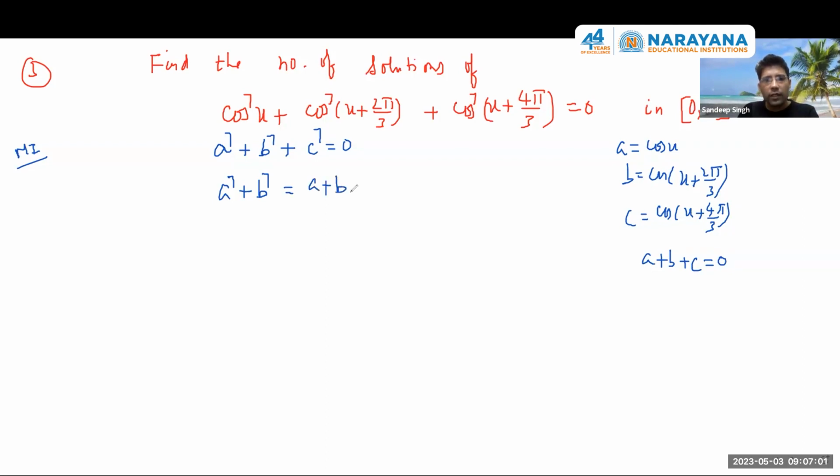So a plus b to the power 7. Now keep on checking the expression. So this will be a power 7 plus how much? A power 6 b, 21. I'm opening it binomially. 35. 35 then a power 4.